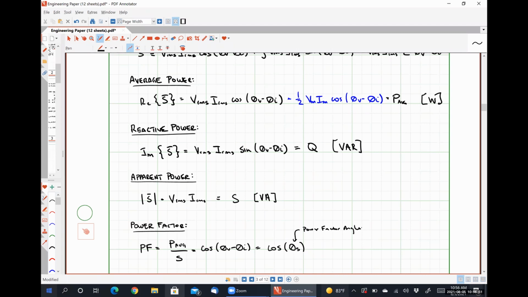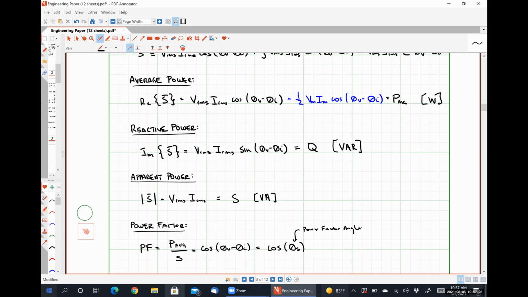So when we receive an electricity bill, it's the average power that we're paying for. An electric utility generates apparent power, okay? And if our system isn't perfectly efficient, they are going to be generating more power than we as end users consume. If that value is too far off, we might get fined.